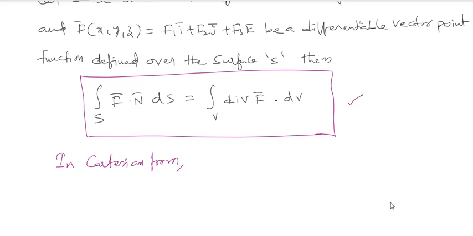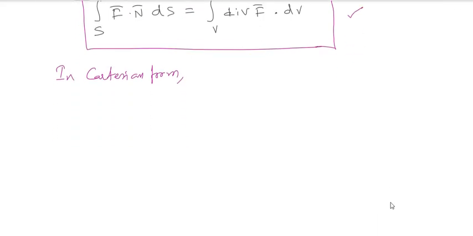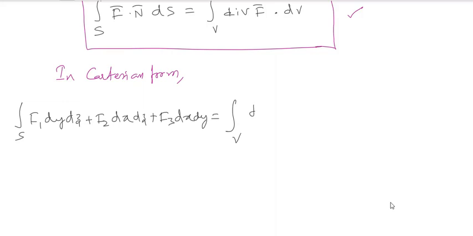In Cartesian form you can write this as the surface integral of f1 dy dz plus f2 dx dz plus f3 dx dy, which is equivalent to the volume integral of the divergence, meaning dou f1 by dou x plus dou f2 by dou y plus dou f3 by dou z, into dv.